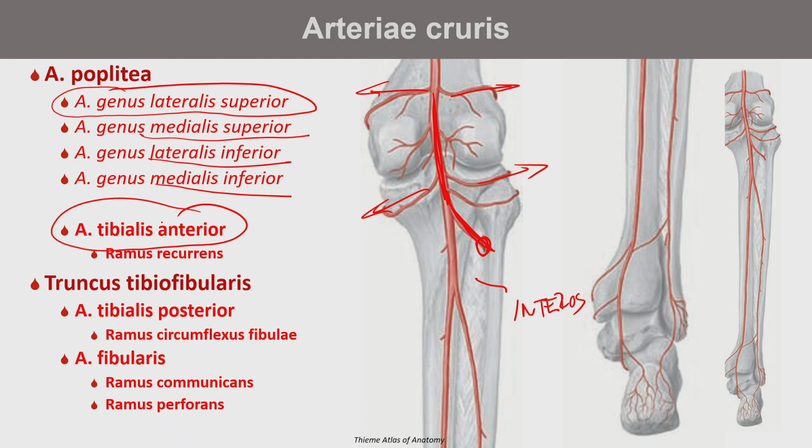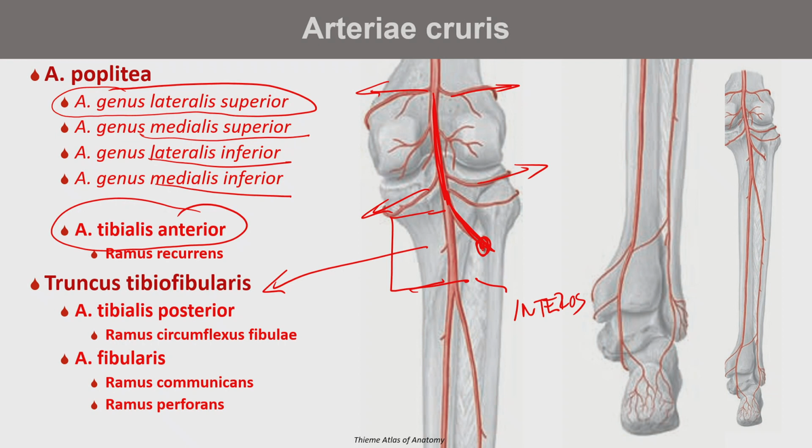The anterior tibial artery is passing through this hiatus in the interosseous membrane and going on the anterior surface of the crural region, supplying the anterior group of muscles, and then descending down to the ankle and then to the dorsal part of the foot. The rest of the artery, this part, is called truncus tibiofibularis, the tibiofibular trunk.